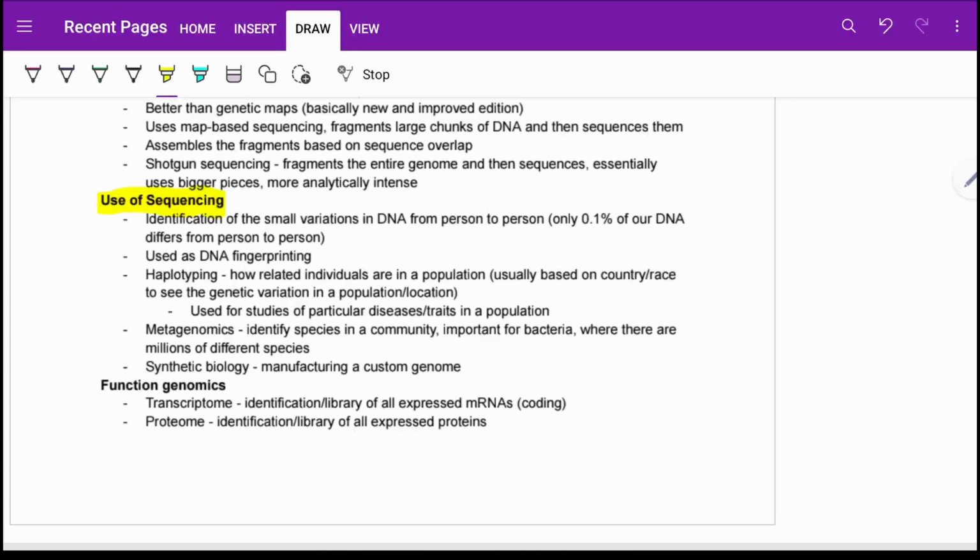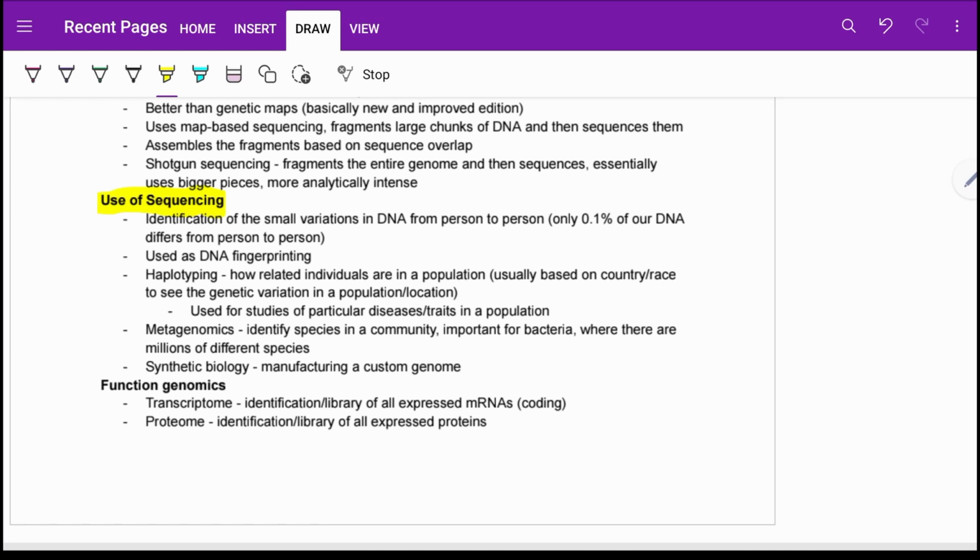So haplotyping is a really interesting study that we can use to compare the relatedness of people in a certain population and how that population responds to different stimuli, such as an infection or a virus.